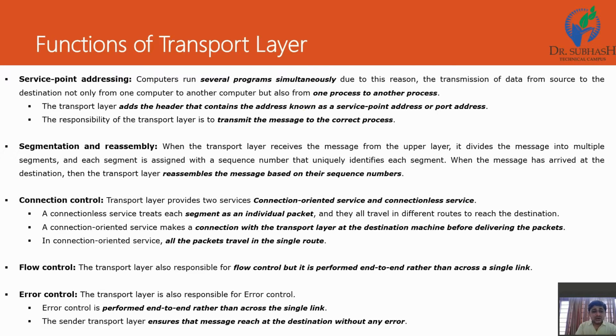The transport layer adds a header that contains the address known as the service point address or port address. It adds the service point address and transmits the message to the correct process.